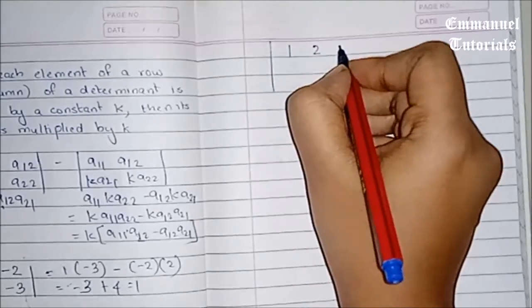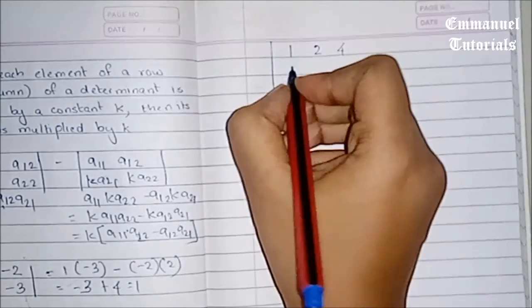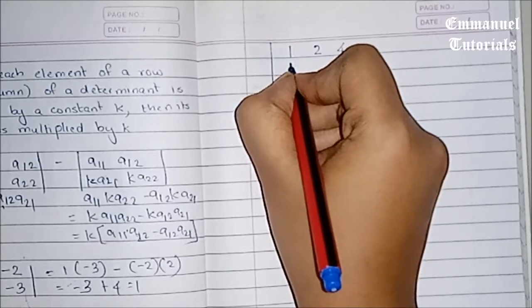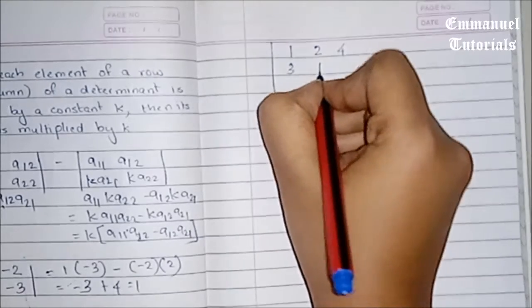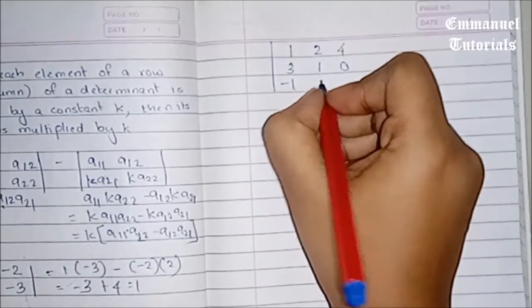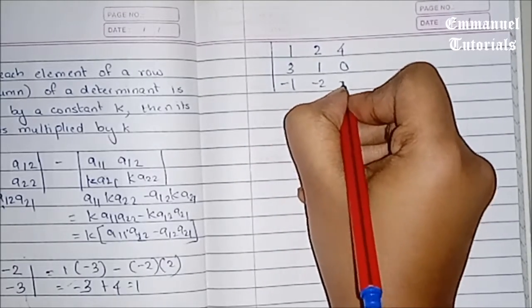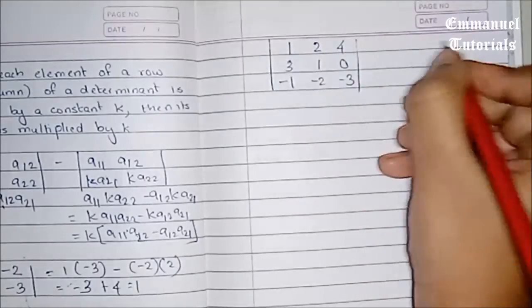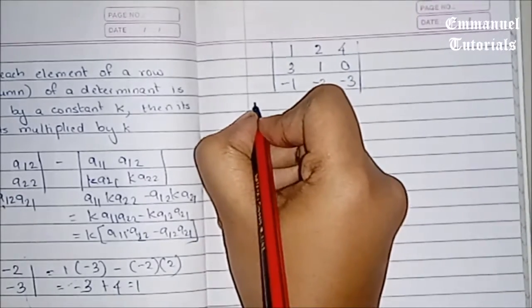Take the determinant 1, 2, 4, 3, 1, 0, minus 1, minus 2, minus 3. Now we find out the determinant value.